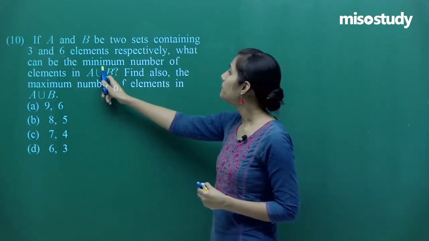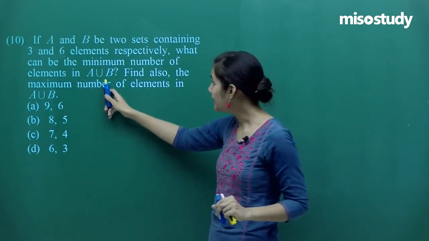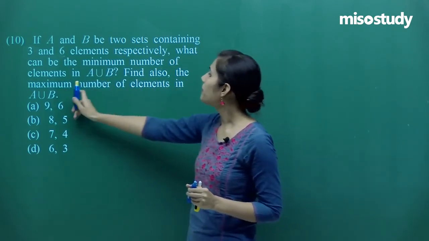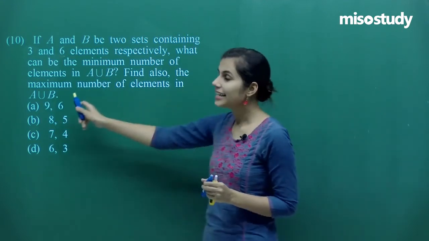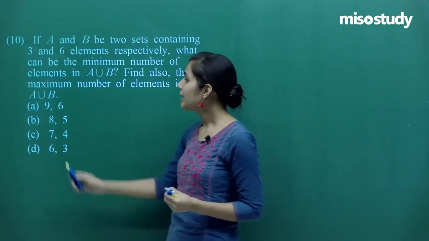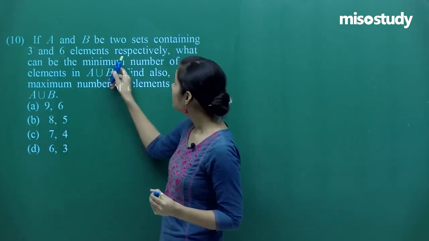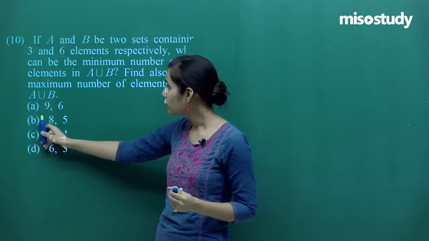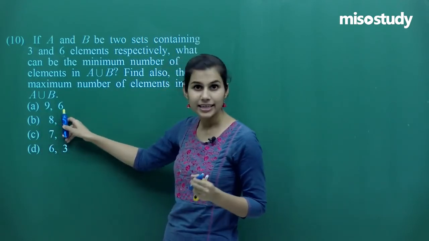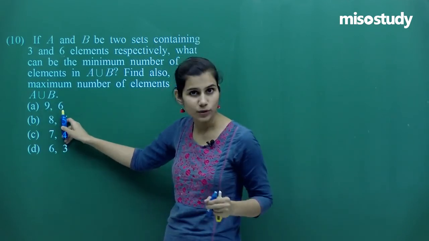What can be the minimum number of elements in A union B, and also find the maximum number of elements in A union B? The tuples that are given basically are the first element tells you the minimum number of members in A union B, and the next element in the tuple tells you the maximum number of members in A union B.